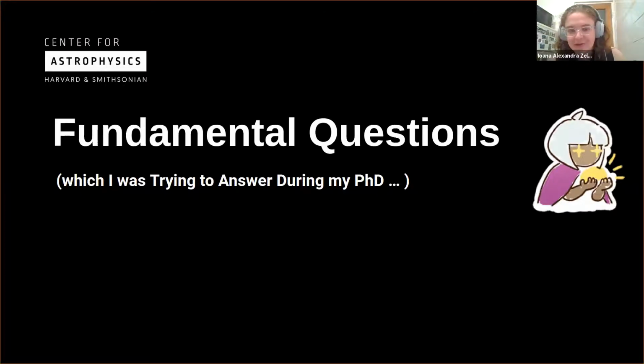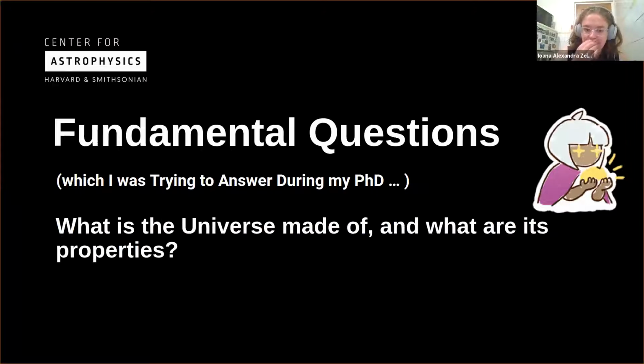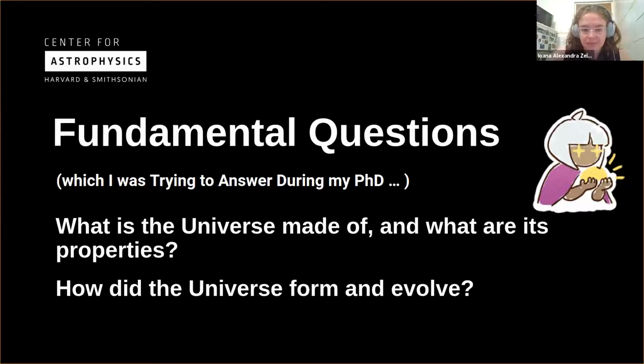The thing that makes me very excited about astrophysics is that at the core of my work I get to think about fundamental questions about our universe and what we are trying to find the answers to. Such questions are: what is the universe made of, what are its properties, and how did the universe form and evolve.